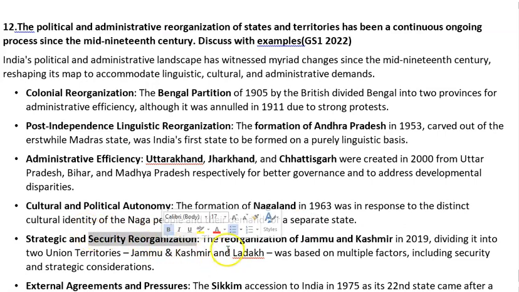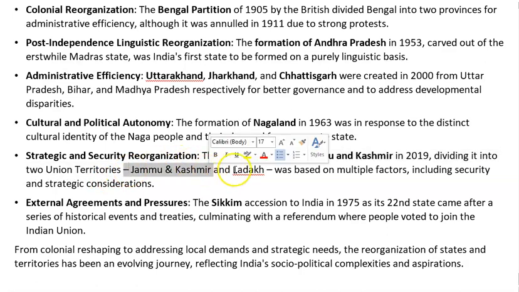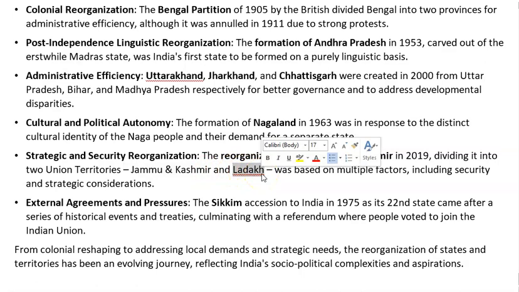We know that Jammu Kashmir is a border state and the kind of issues that is going on we know. So that was the reason for the division of Jammu Kashmir into Jammu and Kashmir and Ladakh, okay, as two union territories. So security was one of the factors. Apart from that, there are multiple factors for the division of Jammu and Kashmir.